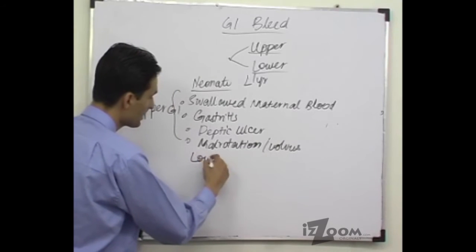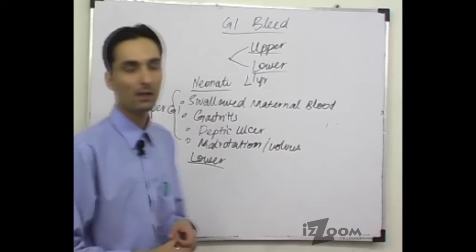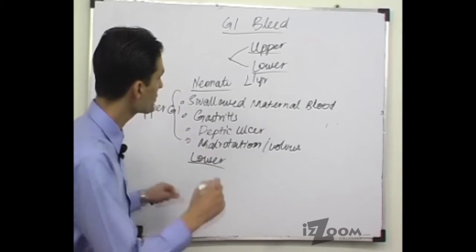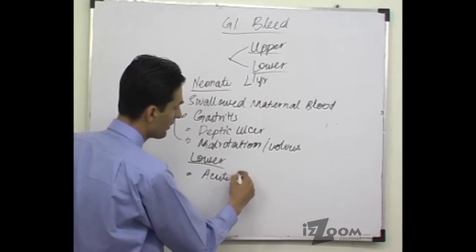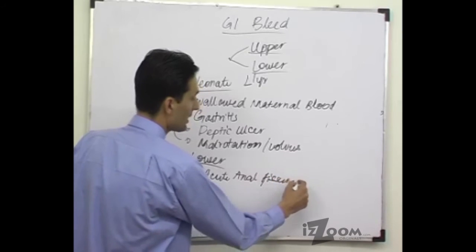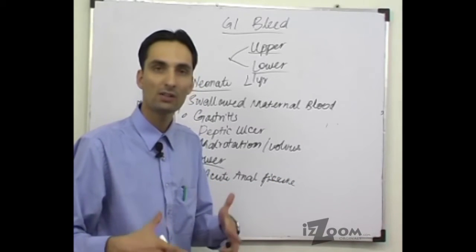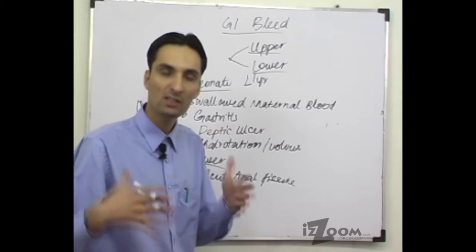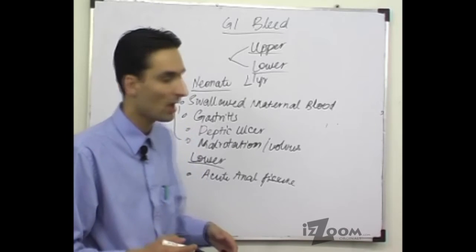Lower GI bleed can also occur in infants less than 1 year of age, and the most common cause is acute anal fissure, which occurs in children of this age group due to constipation or due to explosive attacks of diarrhea, leading to lower GI bleed.